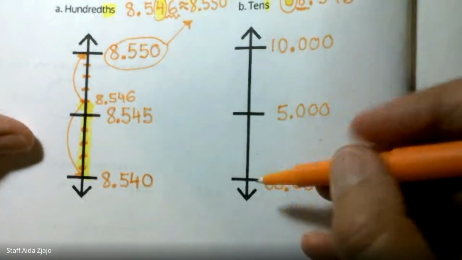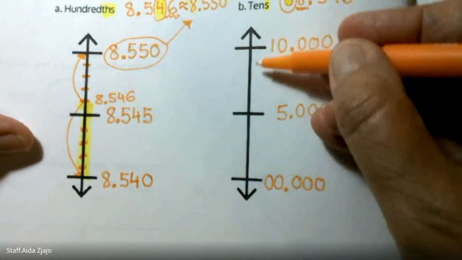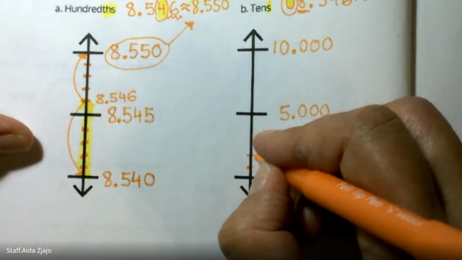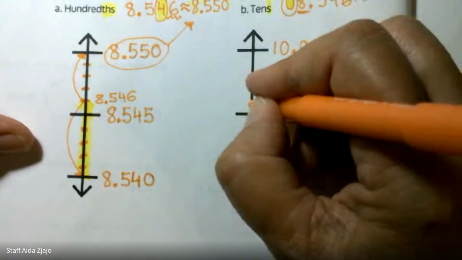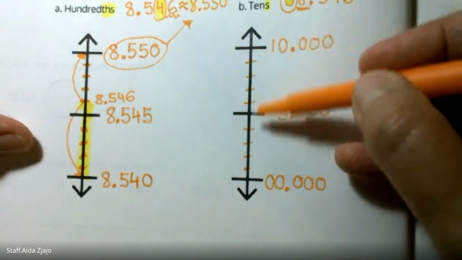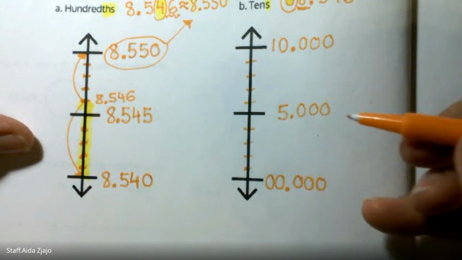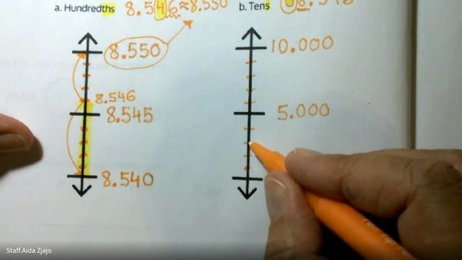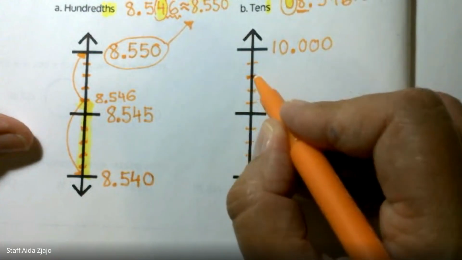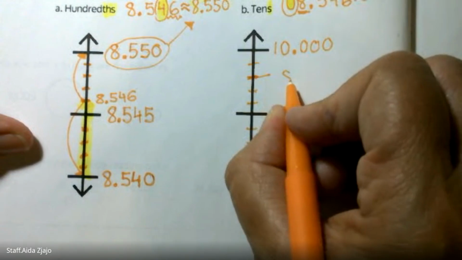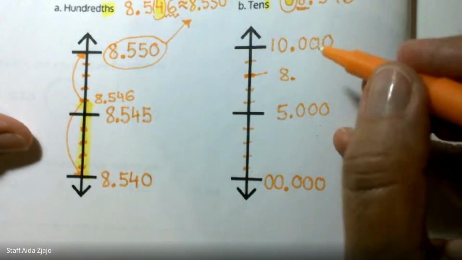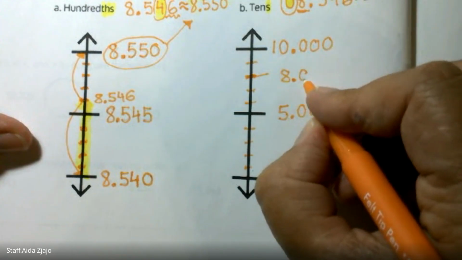Again, from here to here is 10, always 10 spots. So we can write 4 lines, 1, 2, 3, 4, 1, 2, 3, 4. You need 4 lines to have 5 equal spaces. So thinking about this is 1, 2, 3, 4, 5, 6, 7, 8. Here's 8 there. This part is 8, but it's just an 8, right?